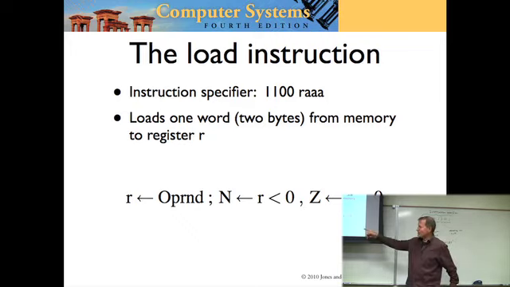Now what does the semicolon mean? You do the left one and then the right. Yeah, that means sequential. And what does the comma mean? Simultaneous. What does this RTL specification say that load does? The operand gets transferred to register R. And how do you know which register it gets transferred to?